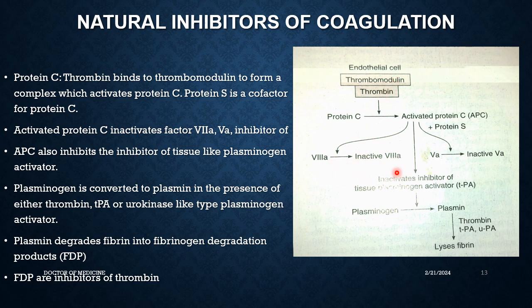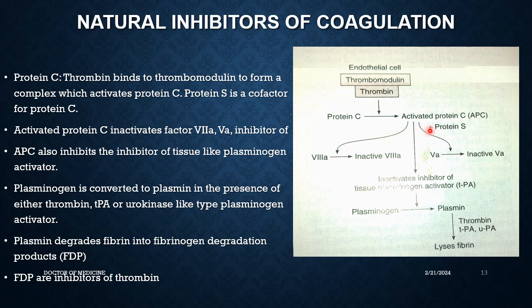This time we are seeing them being inactivated indirectly by thrombin. So thrombin acts both as a procoagulant as well as an anticoagulant. Okay, so protein C will inactivate factors 8 and 5. If you inactivate these two factors, it means that factor 10 and factor 9 will not function properly.